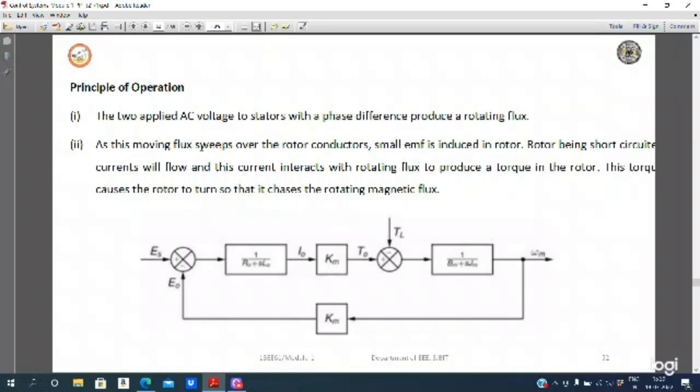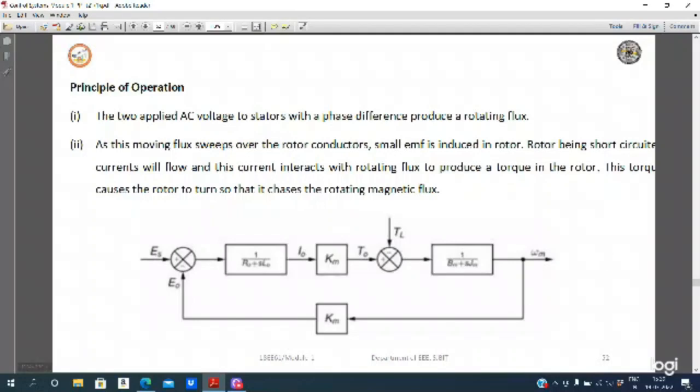As this moving flux sweeps over the rotor conductors, a small EMF is induced in the rotor. The rotor being short-circuited, current flows, and this current interacts with the rotating magnetic flux to produce torque in the rotor. This is the same way an induction motor works, and this motor works in a similar way.